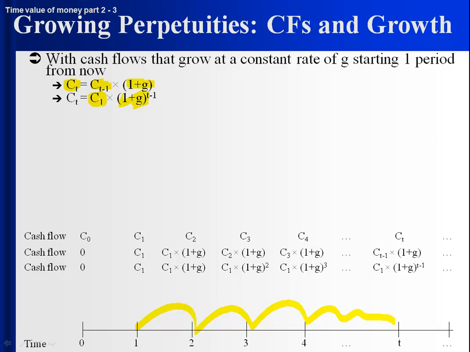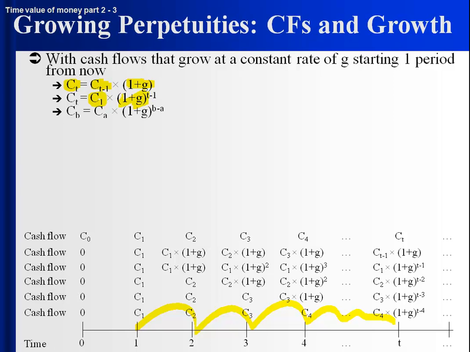That leads us to the fact that if we know the cash flow at some point in time, a, and we want to know what the cash flow is at some later point in time, b, so b is greater than a, then it's just whatever the cash flow is at time a times 1 plus g, which captures the growth.